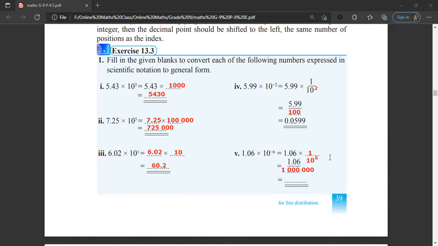See, 10 to the power 2, 100, 2 zeros. 10 to the power 3, 3 zeros. 10 to the power 5, 5 zeros. 10 to the power 1, 1 zero. 10 to the power 6, 6 zeros. So it is very important and very easy to learn that the number on the power represents the number of zeros. Simple, right? So you can write down the answer here.